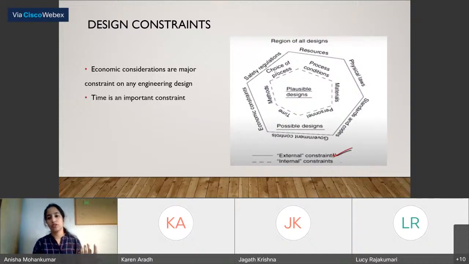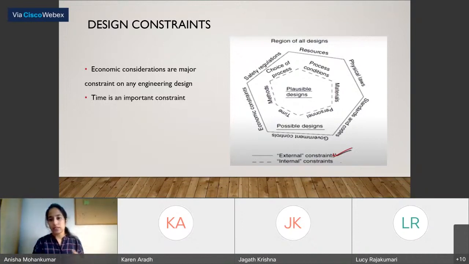So that is your choice of process, and process condition is at what temperature you operate it and at what pressure you operate it. Even that is your choice. And materials: what raw materials you want in it, what materials you can reduce, and what materials of construction you can use for your equipment.